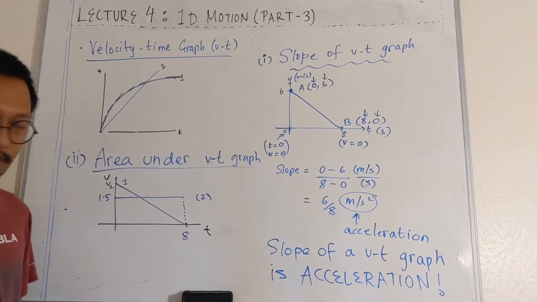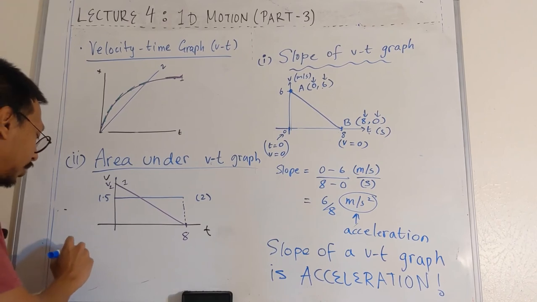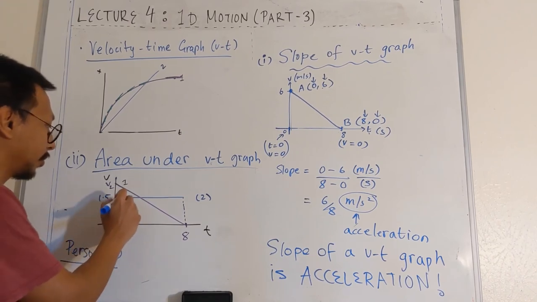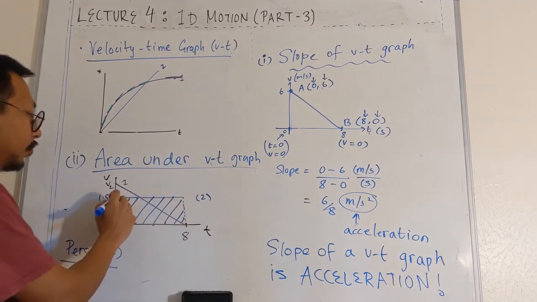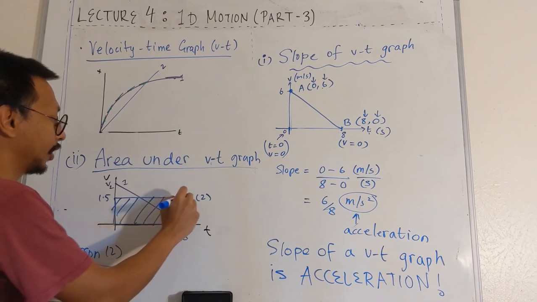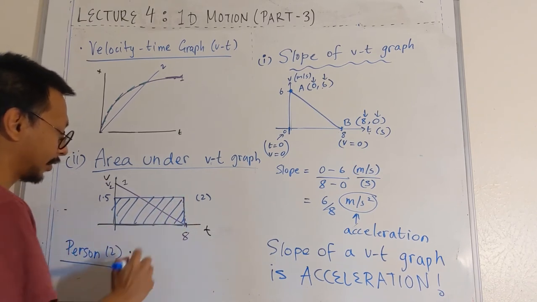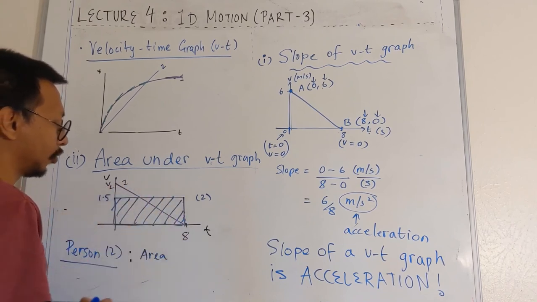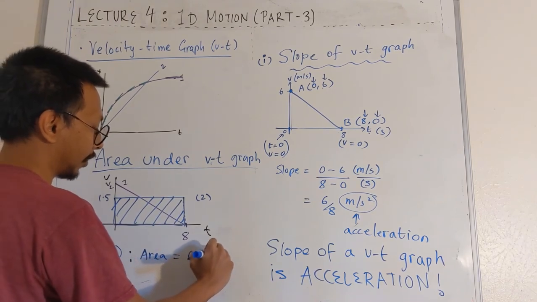Okay. So first of all, let's work with person 2. So we can see that the person 2 area would be this, which is geometrically a rectangle. So area of a rectangle is area under this person 2's graph. It's just a rectangle, which is length times width.